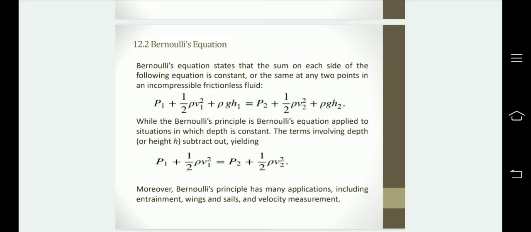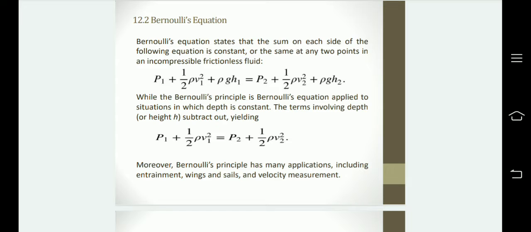Bernoulli's equation states that for an incompressible frictionless fluid, the following sum is constant: P plus 1/2 ρv² plus ρgh is equal to constant, where P is the absolute pressure, ρ is the fluid density, v is the velocity of the fluid, h is the height above some reference point, and g is the acceleration due to gravity.